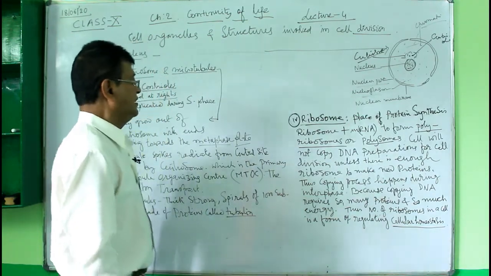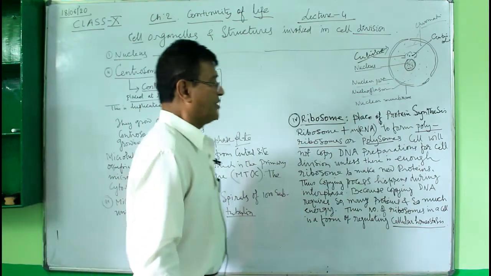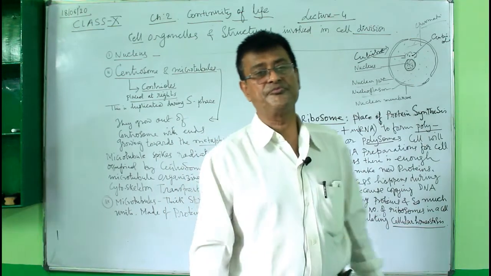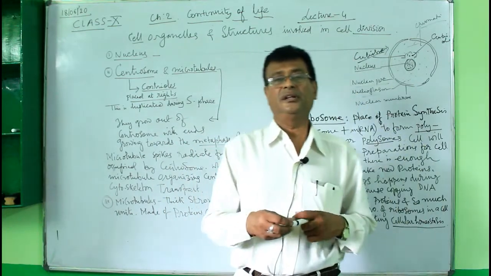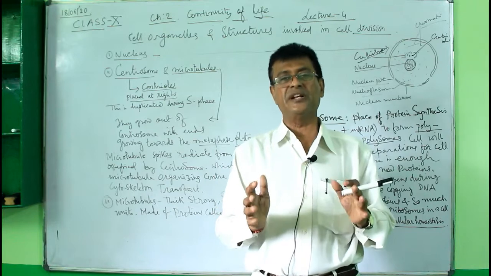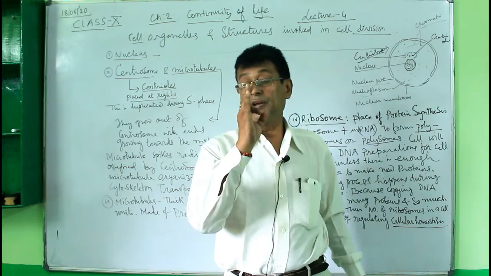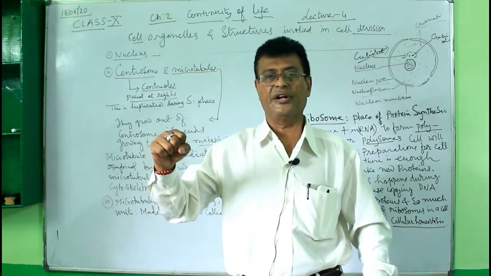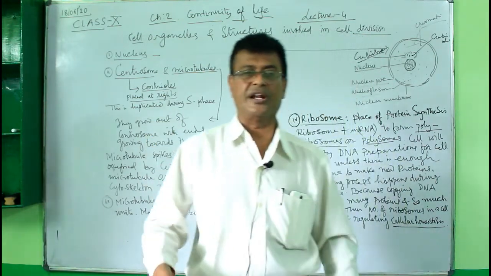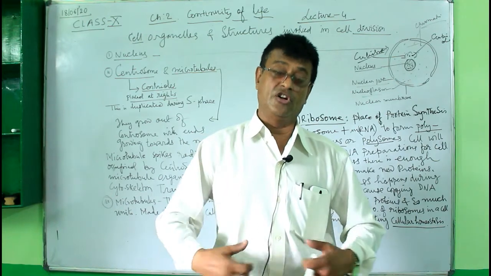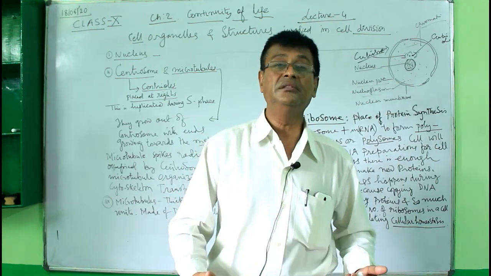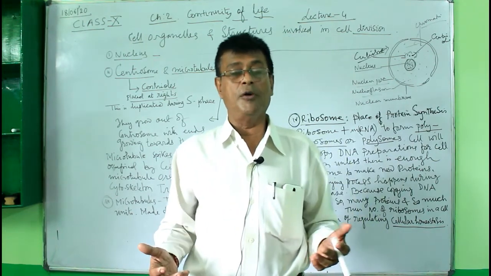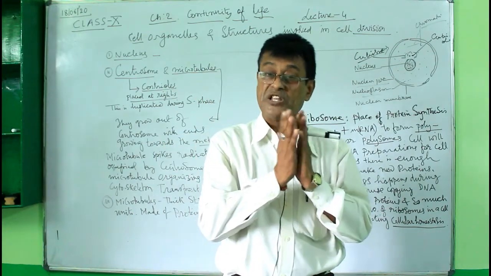Now the next organelle. The cell has the cytoplasm, and inside the cytoplasm there are miniature organs. You have hands that work as one organ, legs as another, external organs. Then we have internal organs like heart, lung and stomach, each with a specific function.